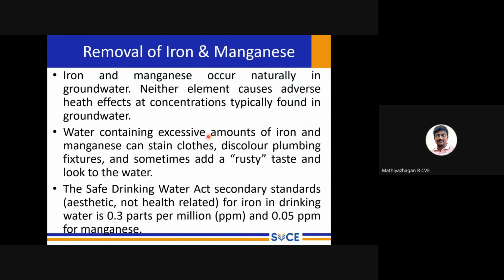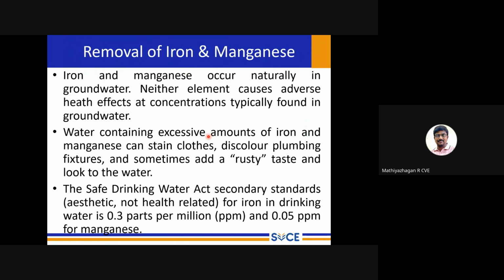So we should remove the iron and manganese from the groundwater. The permissible limit for iron in drinking water standards is 0.3 milligram per liter, and for manganese it is 0.05 milligram per liter. For iron and manganese removal, a simple aeration and filtration process is enough.